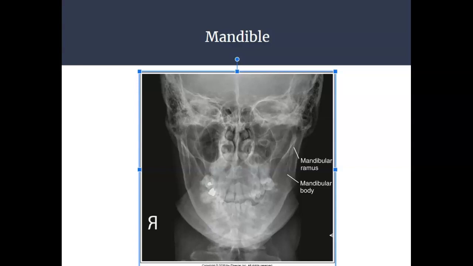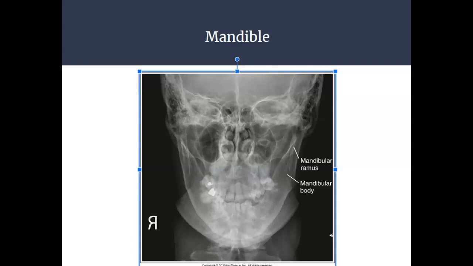For both projections, whether you're imaging the cranium or the mandible, you should have the bony nasal septum aligned with the long axis of the exposure field.